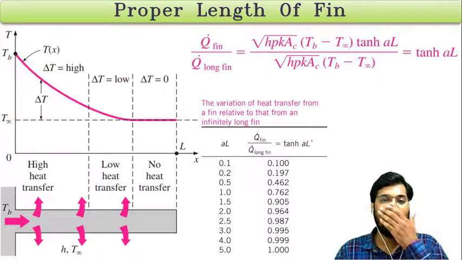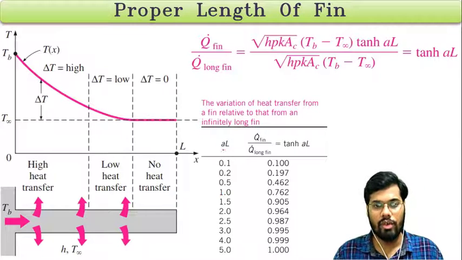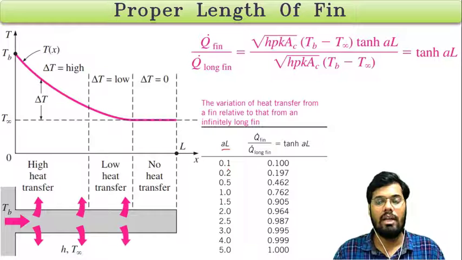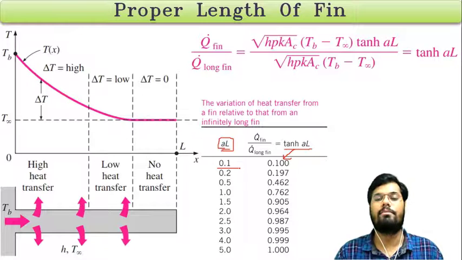Okay, here we have one table which shows the different values of A into L, and by putting this value AL in this equation tanh(AL), these are the different values of tanh(AL) with respect to this value of AL.